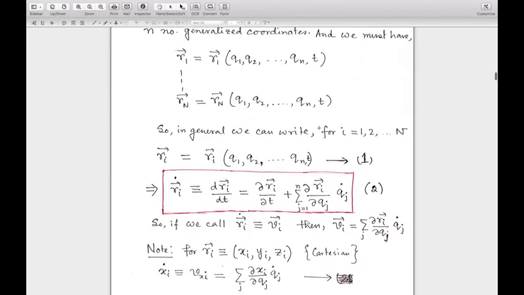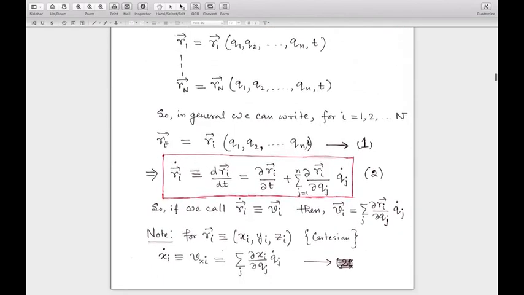Then we can write Ri dot, which is the velocity dRi/dt, as del Ri del t plus the summation over j from 1 to small n of del Ri del qj times qj dot.